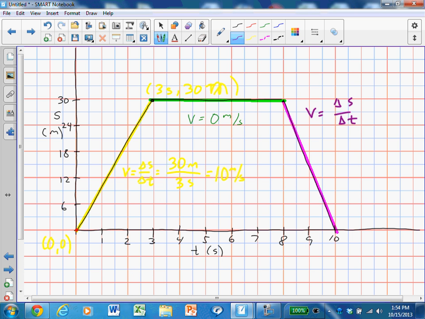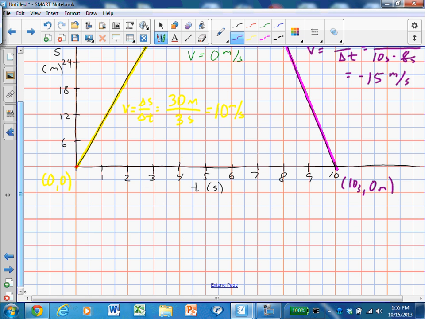We go from 8 seconds, 30 meters, to 10 seconds, 0 meters. So it would be 0 meters minus 30 meters over 10 seconds minus 8 seconds, or minus 15 meters per second. Okay? So we have 3 slopes, 3 velocities.